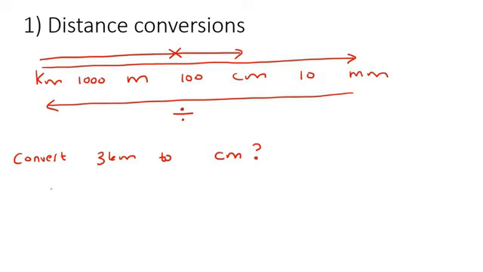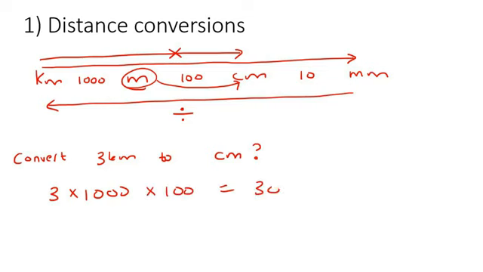From kilometers to meters, you're going to multiply with 1000. Then to go from meters to centimeters, you're going to multiply with 100. If you work this all out, it would be 300,000 centimeters.